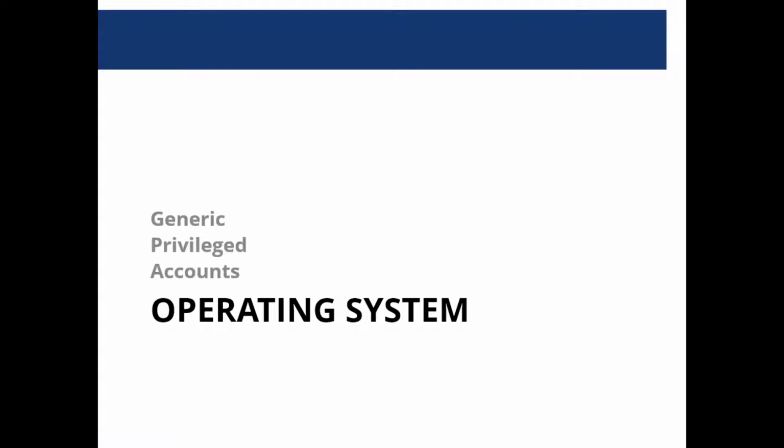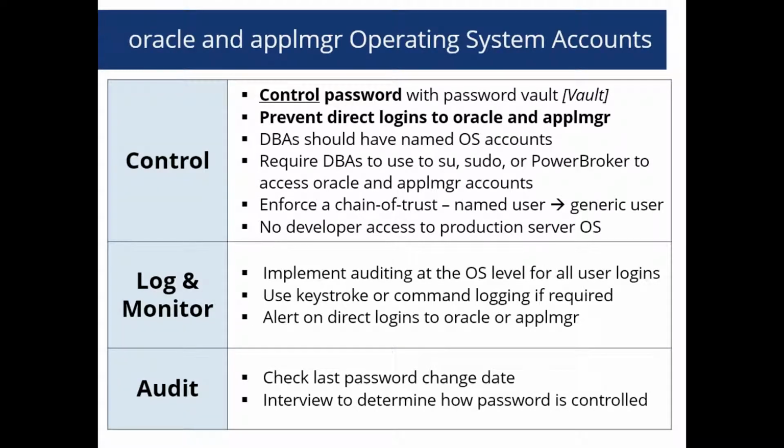So that was at the database. We've talked about the application and the database, and now the final layer of the technology stack is the operating system. At the operating system, you really have two accounts, Oracle and Applmgr. Again, these should be controlled with a password vault. I really should never have a direct login to either of these accounts. The only exception there is on a RAC environment. The RAC environment does talk across SSH, and there are certain activities that happen there.